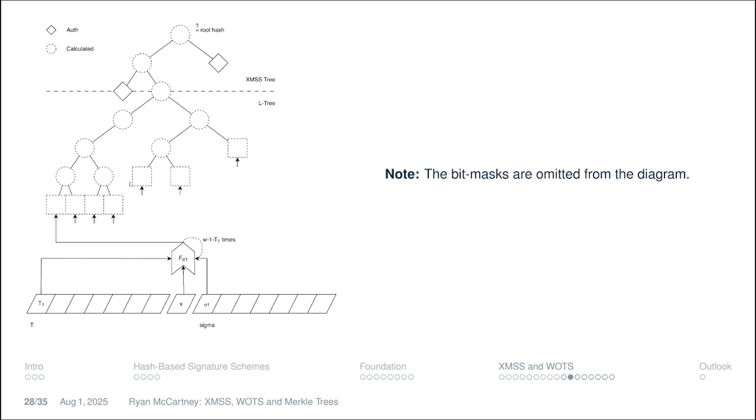And this L-tree consists again of these PKs, and a hash function is applied here to arrive at this intermediate value, and then this is also combined with other values from the other L-trees of other instances of the Winternitz signature scheme.